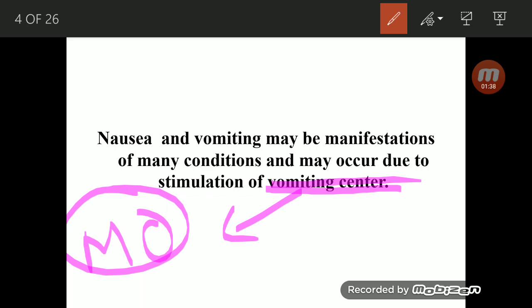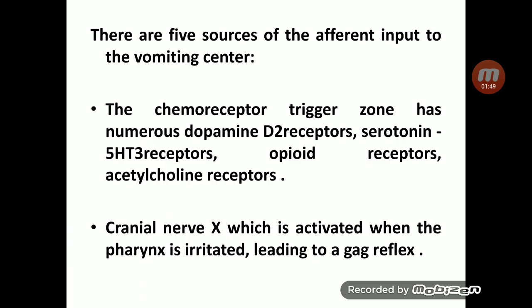So when the vomiting center of your medulla oblongata gets activated, you have emesis occurring. Let's see the input. Since your vomiting center is present in your brain, in the medulla oblongata, it needs to receive certain signals to activate it.